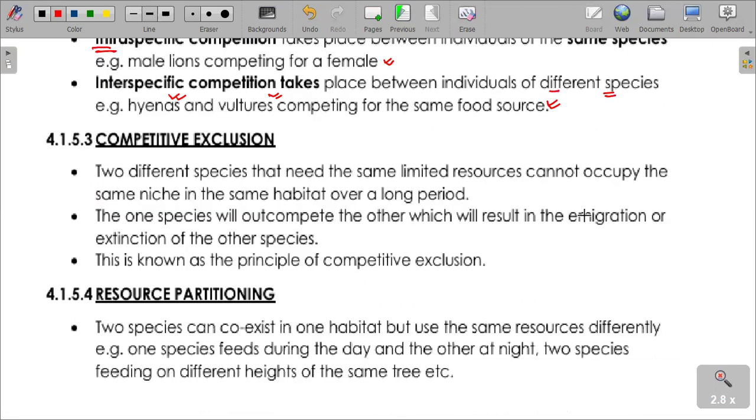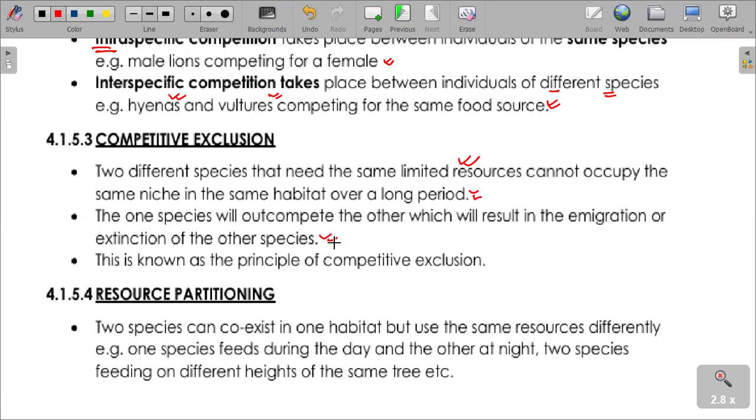And then competitive exclusion. Two different species that need the same limited resources cannot occupy the same niche in the same habitat over a long period. One species will outcompete the other, which will result in the emigration or extinction of the other species.